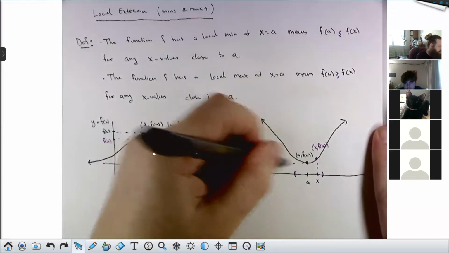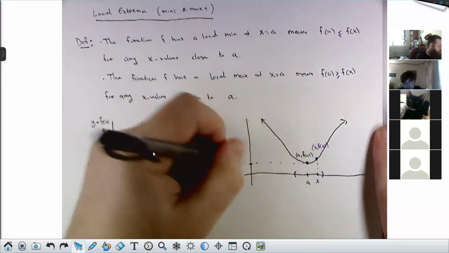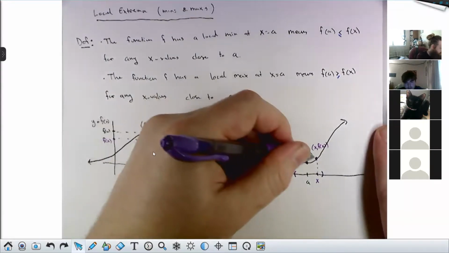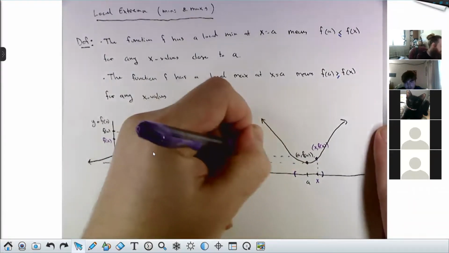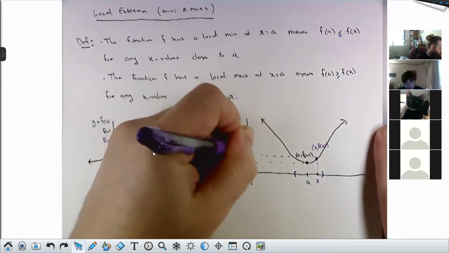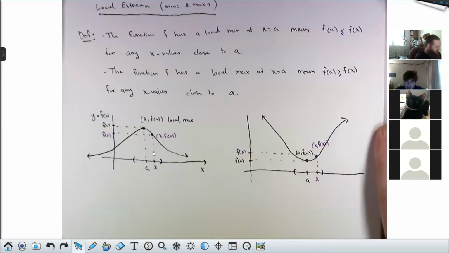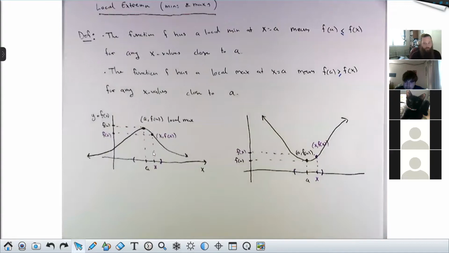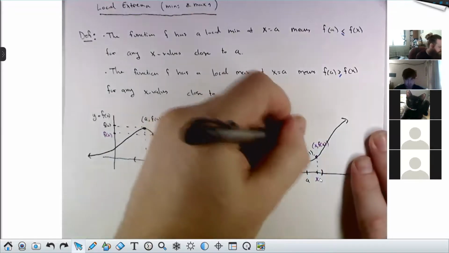And you compare those y values. Here's f of a. Here's f of x. So the same thing's going on, it's just flipped over, right? Where the y value at this point is the lowest y value when compared to any of the nearby y values. So that's what we would call a local min.